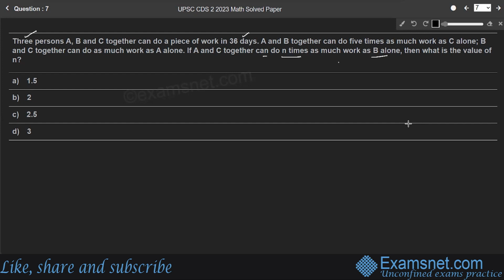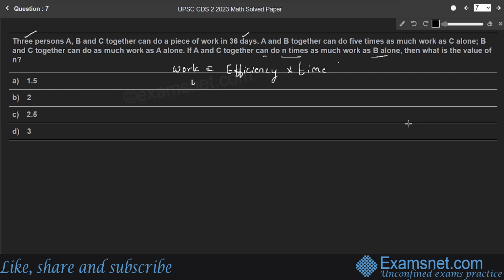Students, here we are using the concept of work, which is efficiency into time. Work is equal to efficiency into time. A, B, C together can do a piece of work in 36 days.